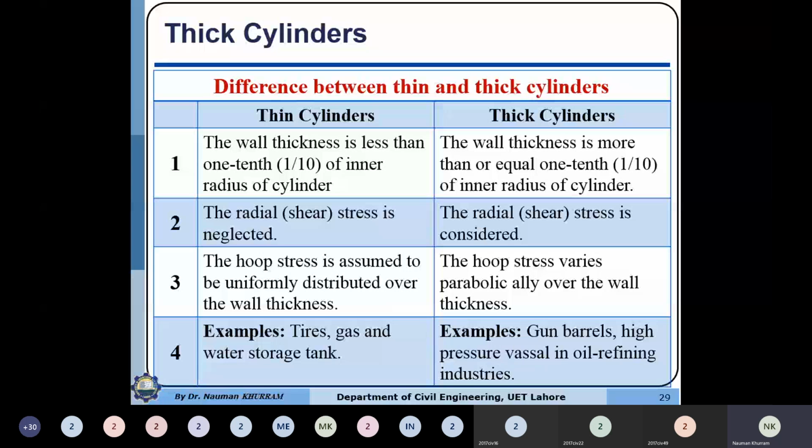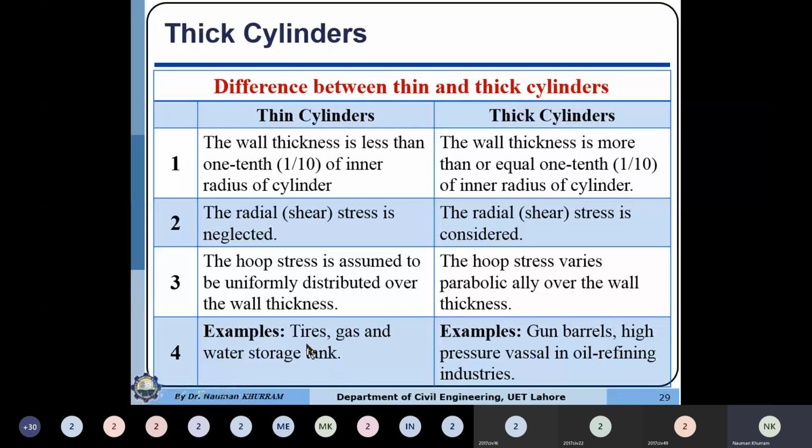We are assuming that if at the internal radius, the inner surface, the hoop stress is 100, it is also 100 across the thickness up to the outer diameter. But hoop stresses do not vary uniformly. They vary parabolically across the thickness. When we derive the expression, then I will explain.